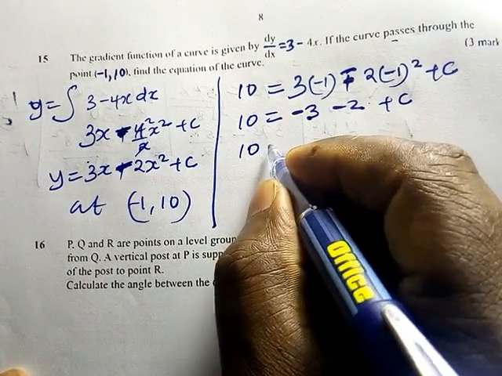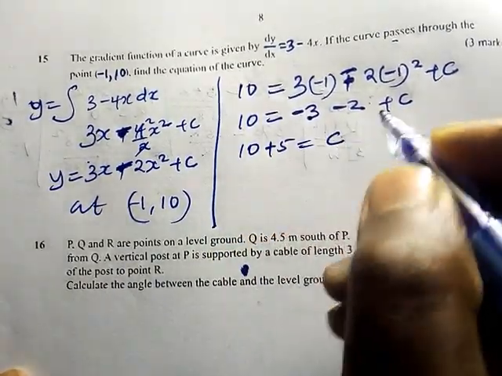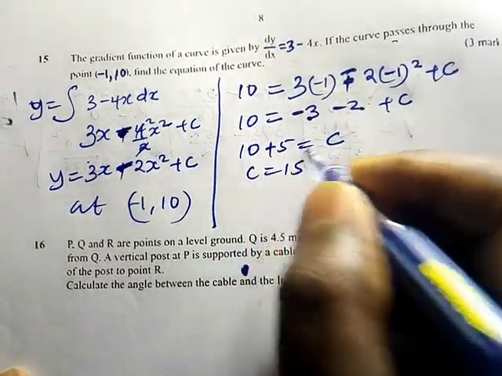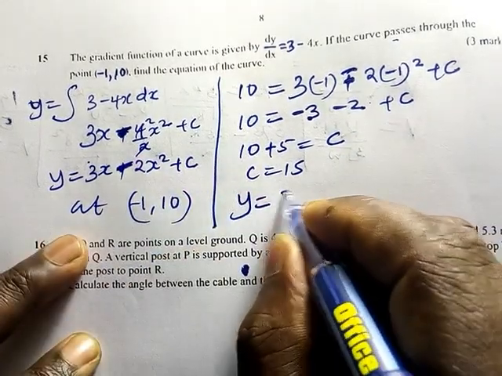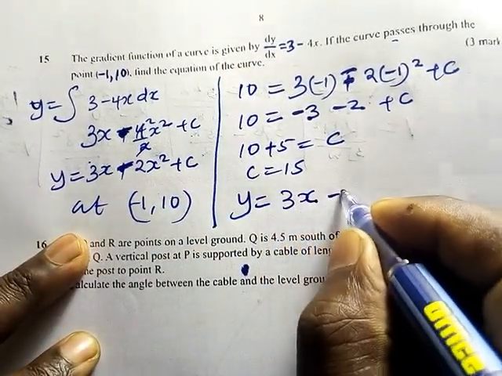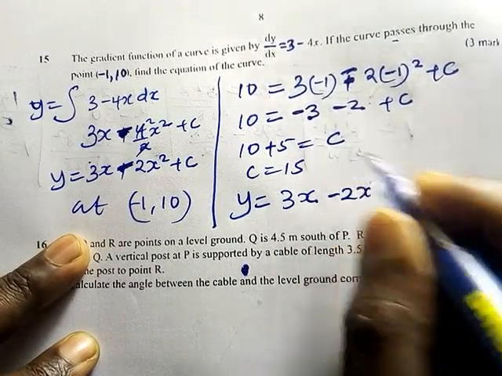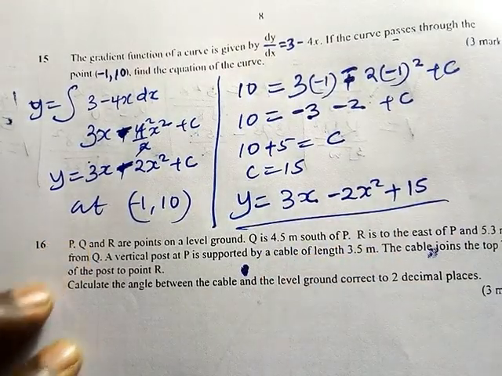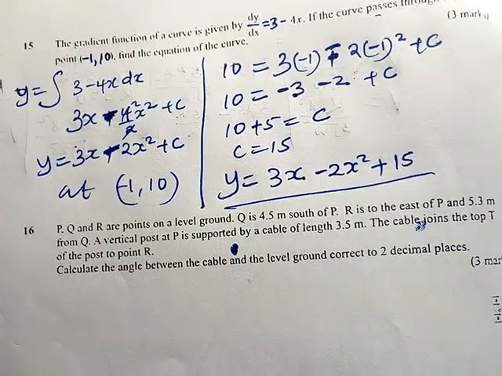So 10 plus 5 is c, so c is equal to 15. Therefore, the equation is y equals 3x minus 2x squared plus 15, and that is the equation of the curve.